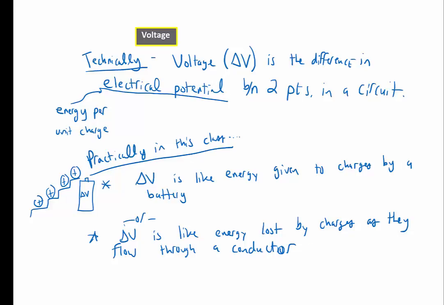If I'm losing voltage, then my charge no longer has the energy that it used to have. I get up my charge escalator, I get to the top, and now it's like a little slide. Here's my charge going down the slide, and all that energy it had before, like gravitational potential energy, is now lost when I hit some kind of resistive element. This could be a light bulb, and it's giving off energy. So my charge lost the energy.